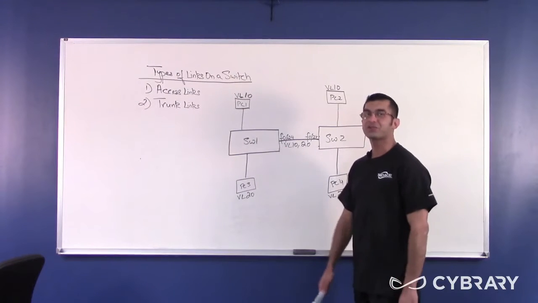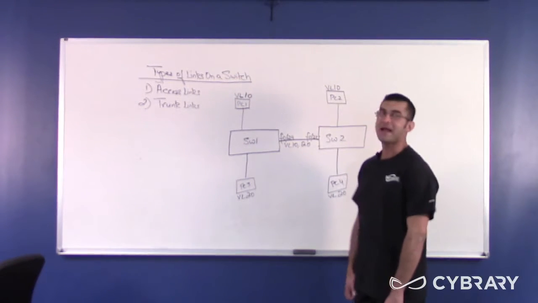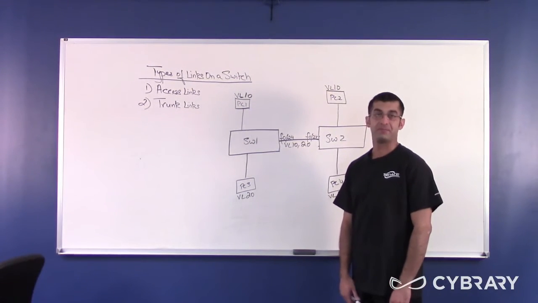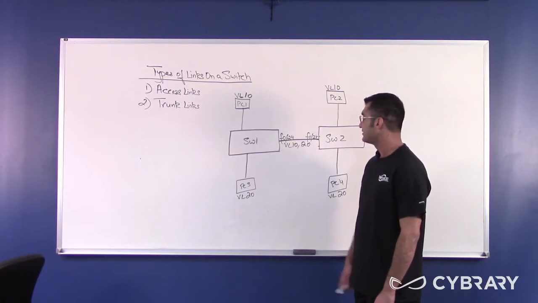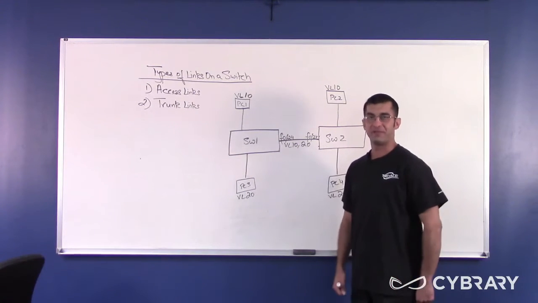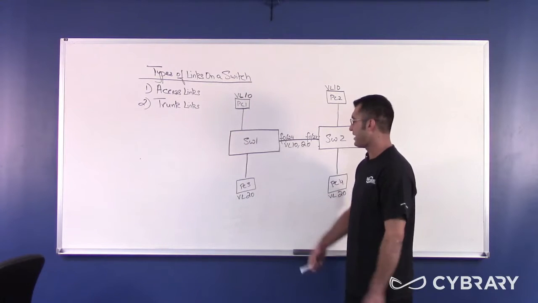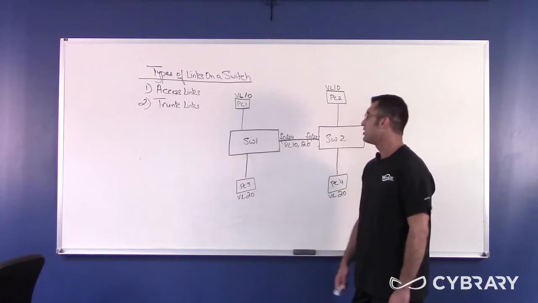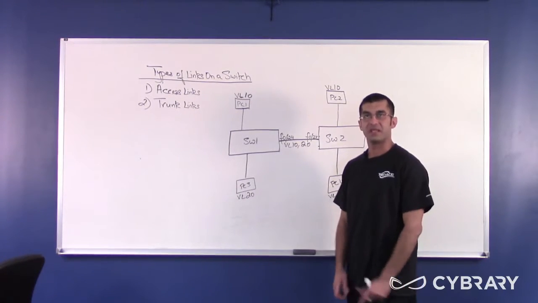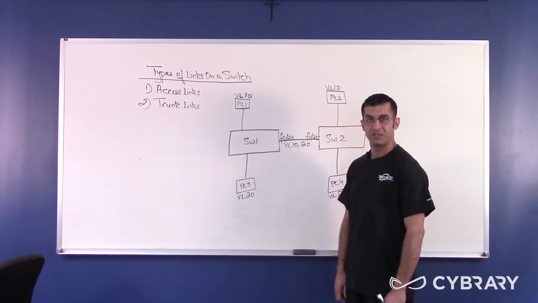Switch 1 will actually put an identifier on the frame, telling the frame that, okay, you're part of VLAN 10. And another frame from PC3, for example, will have a tag put in it saying that this frame is from VLAN 20.